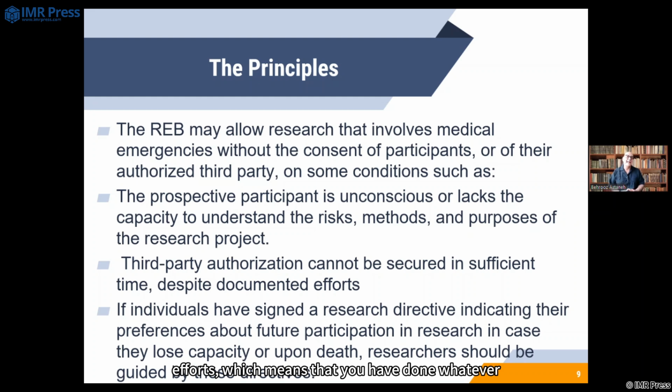This means that you have done whatever you could to find the relatives, the next of kin, and ask them for informed consent, but you couldn't find them and you had to start your study.